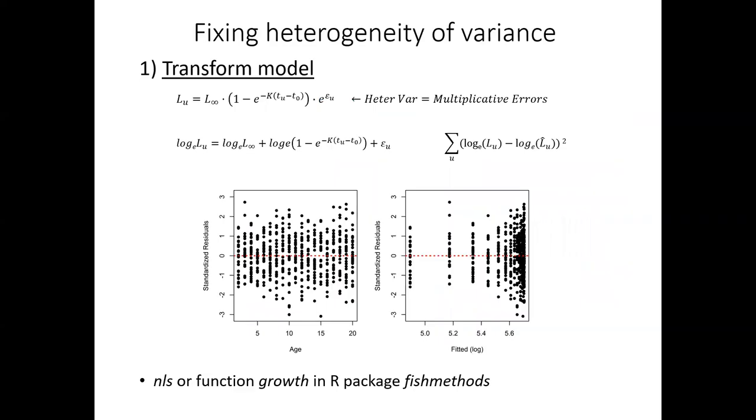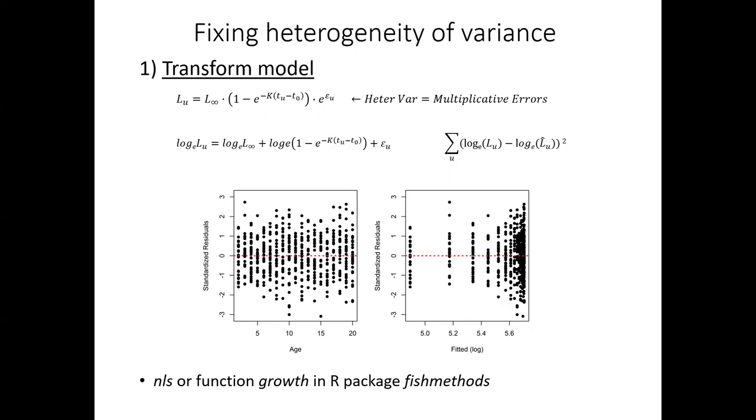Well, there's several ways. The first is assuming that you have heterogeneity, which is also known as having multiplicative errors within the data. So you can fit a von Bertalanffy model that has multiplicative errors.